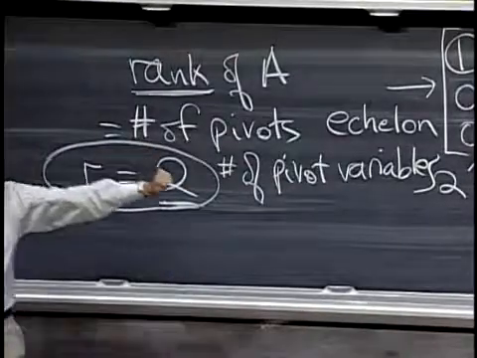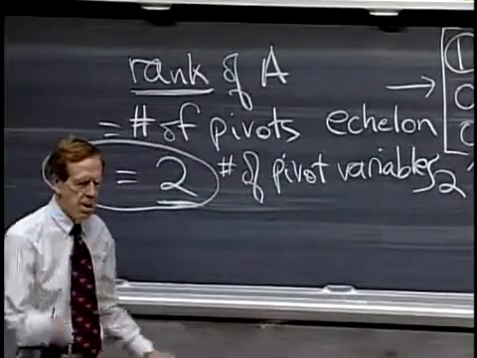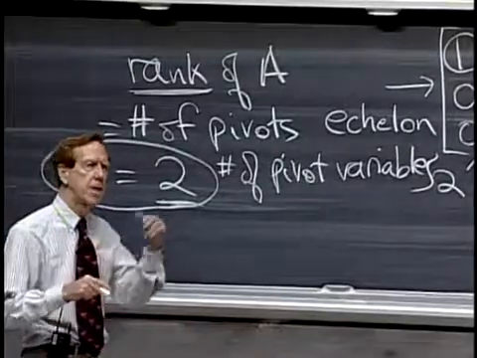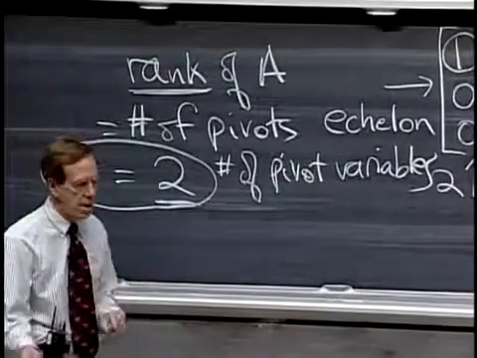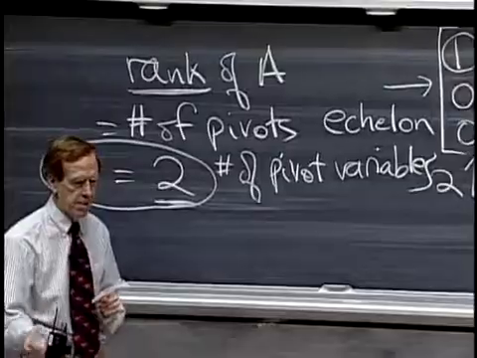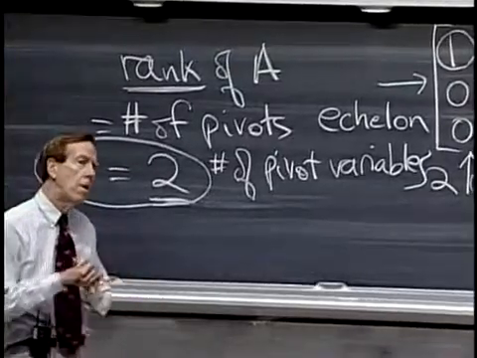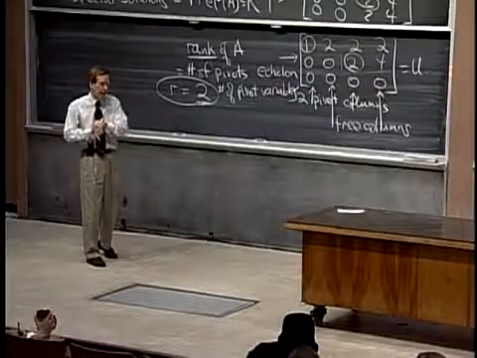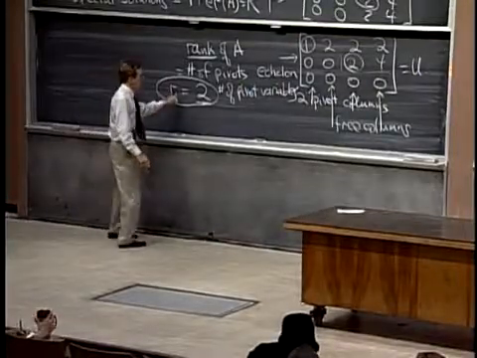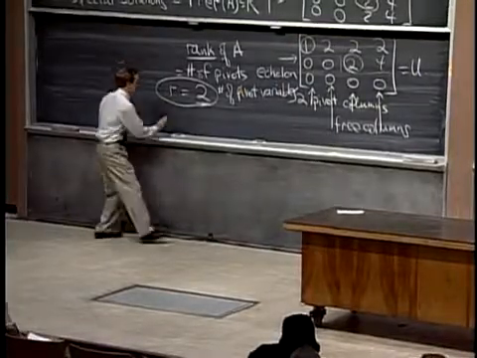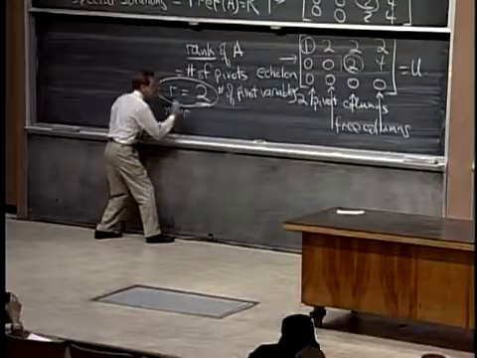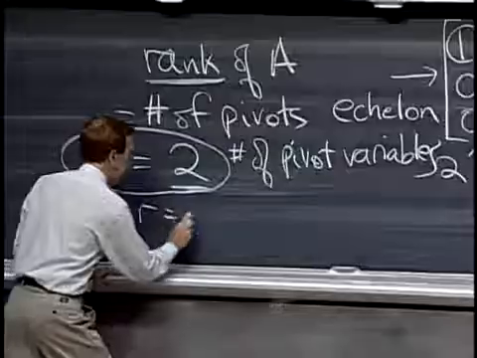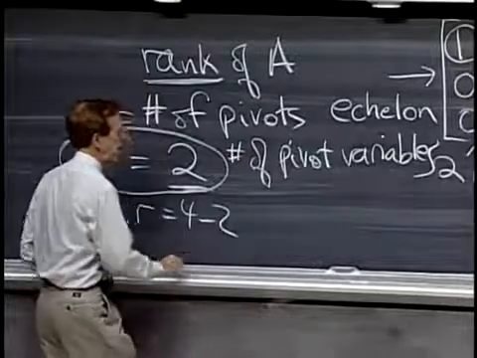Well, you know it's 2, right? What is it for a matrix that's m rows, n columns, n variables, with rank R? How many free variables have we got left? If R of the variables are pivot variables, we have n minus R, in this case, 4 minus 2, free variables.